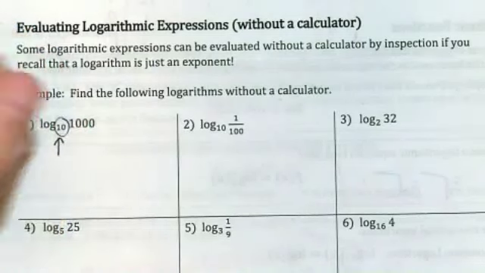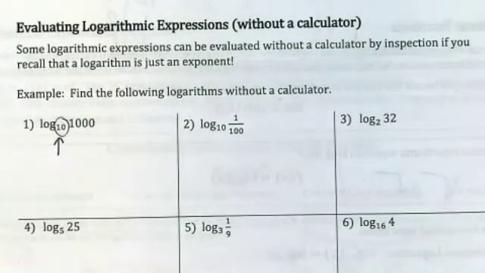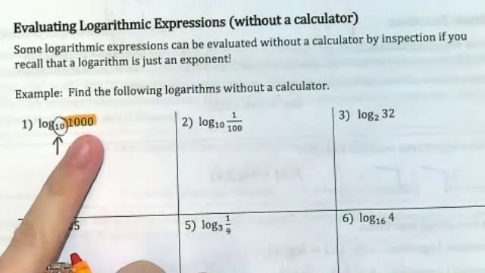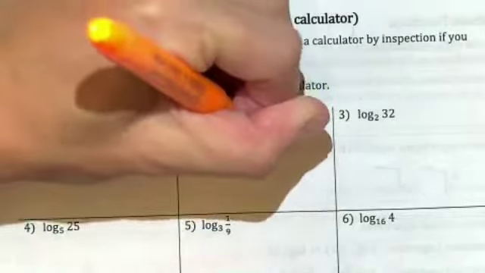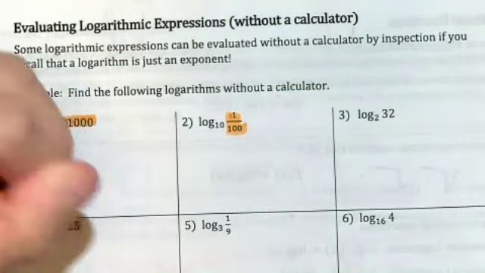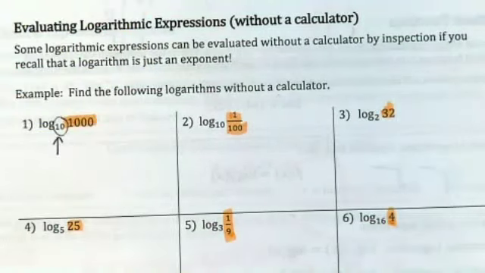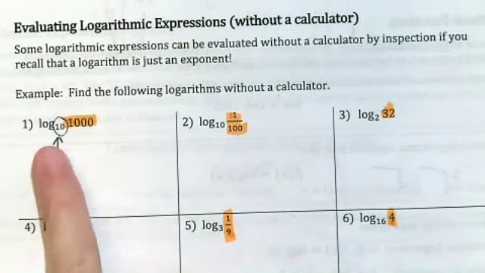This value, or 1 over 100, or 25, or 1/9, all of these values have a relationship with the base, the little number.